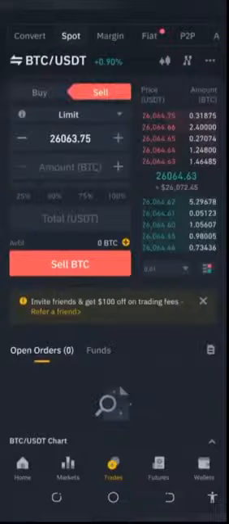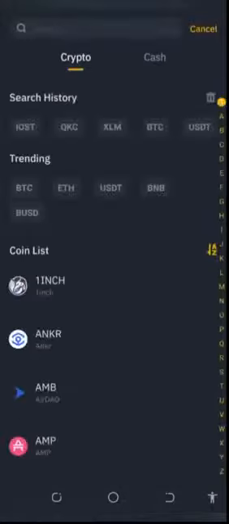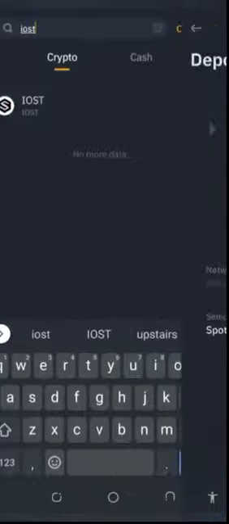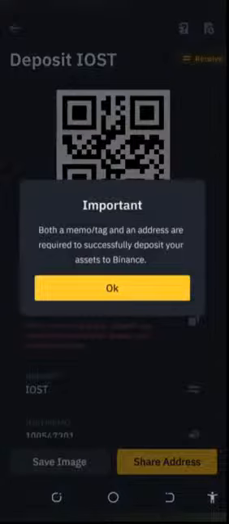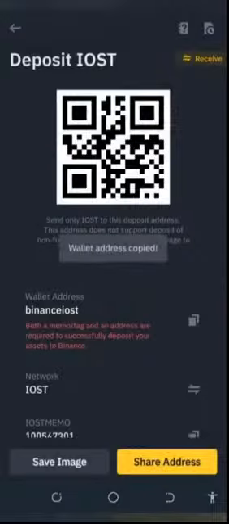So going to Binance. We need to pick our deposit address. Okay? So let's pick the deposit address. And then that is supposed to be IOST. Okay? IOST. And then we click on IOST. All right. It says both the memo and the tag. All right. So let's click on this. We copy that.